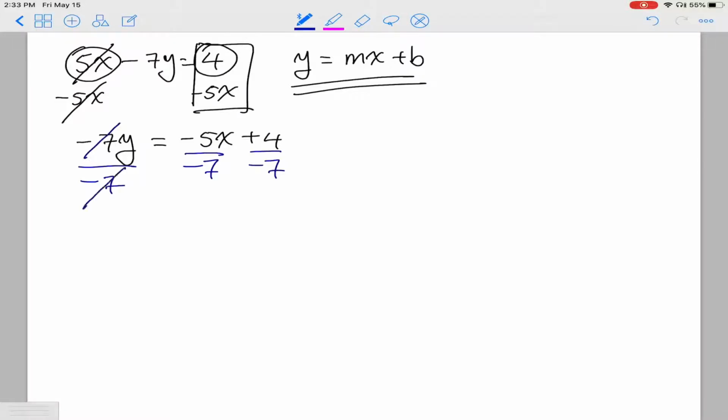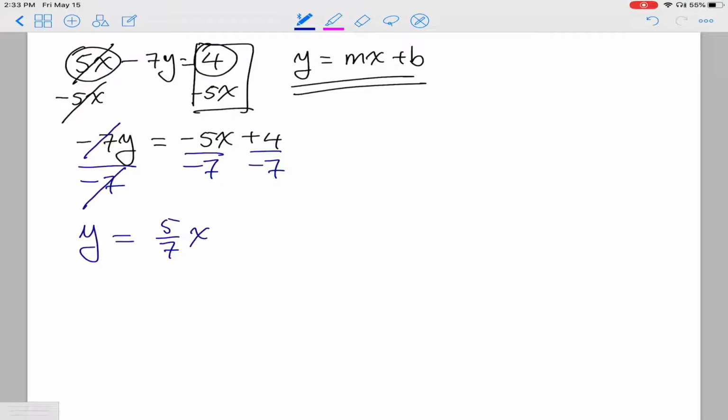So then negative 7 will be gone, and y will be negative 5 divided by negative 7. You can use your calculator, however, it's not going to give you a definitive decimal value, so you just leave it as a fraction. Negative divided by negative is positive, and 5 over 7 is just 5 over 7. You cannot reduce it anymore.